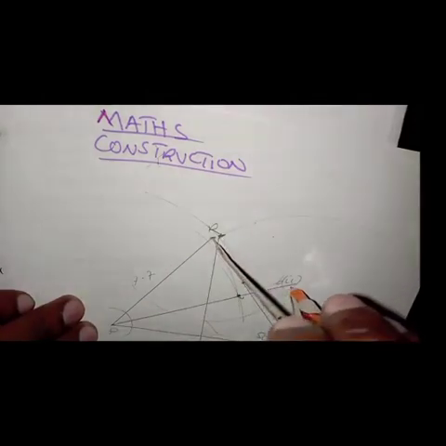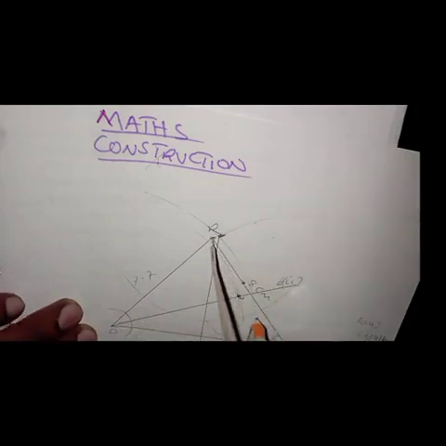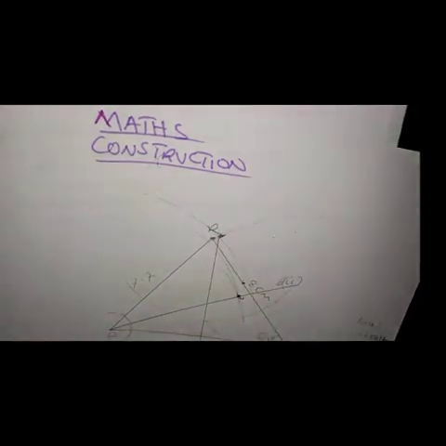You see that? So that's a locus of points which is 5 centimeters from R. Remember this. I can erase this, it's not necessary. So we move on.